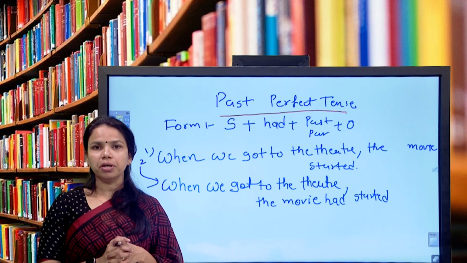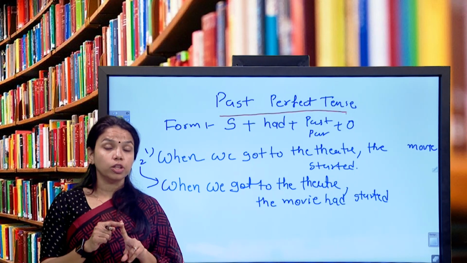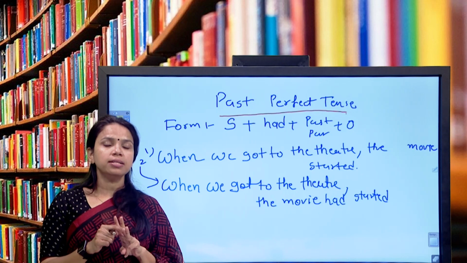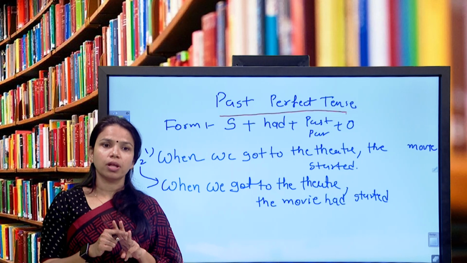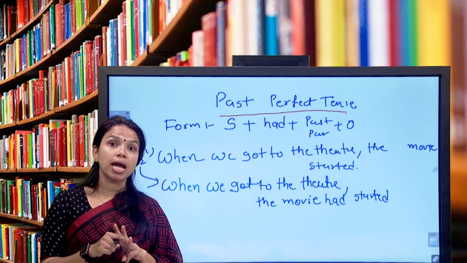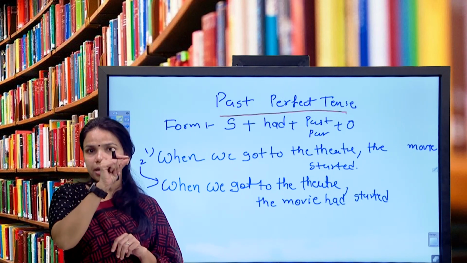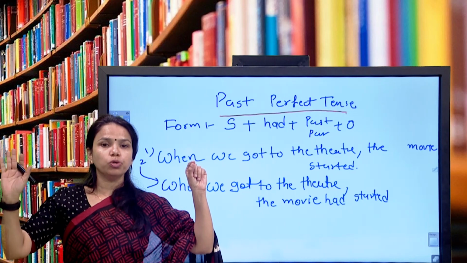Another time I read it. When we got to the theatre, the movie started. Second sentence is, when we got to the theatre, the movie had started. Another time I use that timeline: past, now, future.